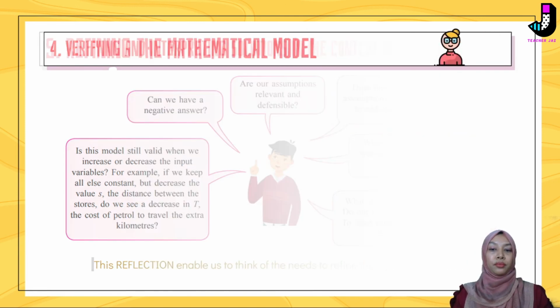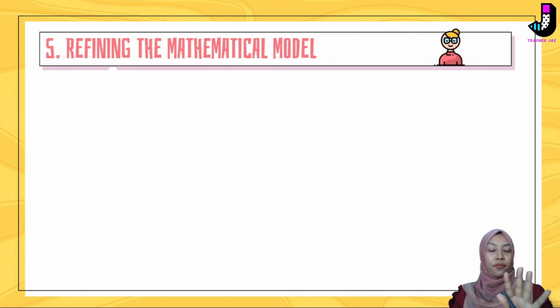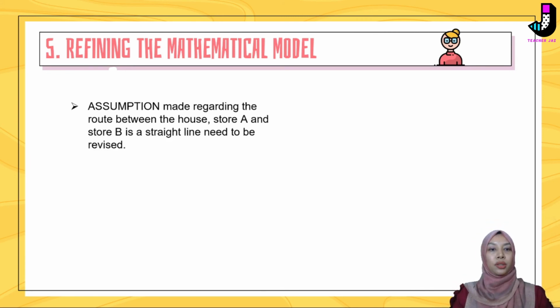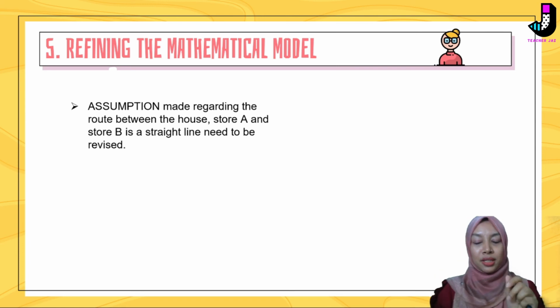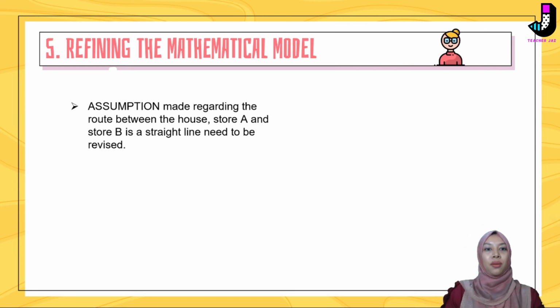Okay, so here this is the fifth step, that is refining the mathematical model. It might be the assumption made regarding the route between the house, store A and store B is a straight line needs to be revised. Yeah, logically, okay, mungkin mana kedai yang boleh logik, oh semua dia akan straight line kan, so it might need to be revised.